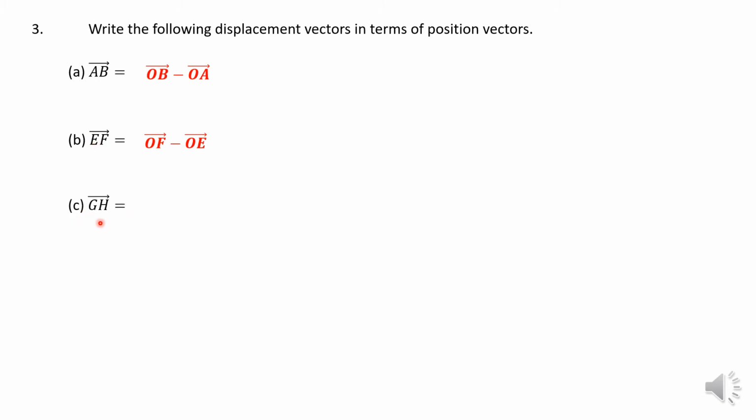A third one is OH minus OG. A last one, vector KL, can be written as vector OL minus vector OK. This is how you write them in terms of position vectors.